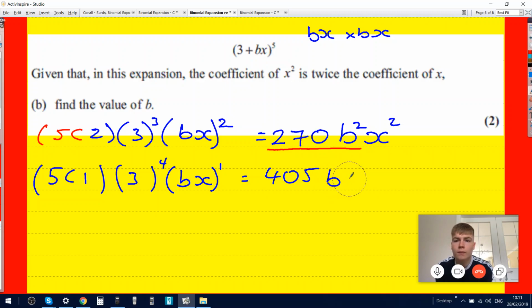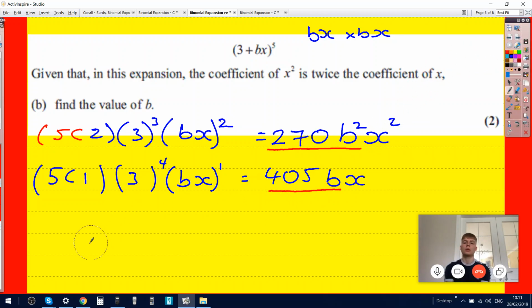bx. Okay. So now what are we doing? Is that not the coefficient for 405b? Yeah. So that's the coefficient of x. Find the value of b.